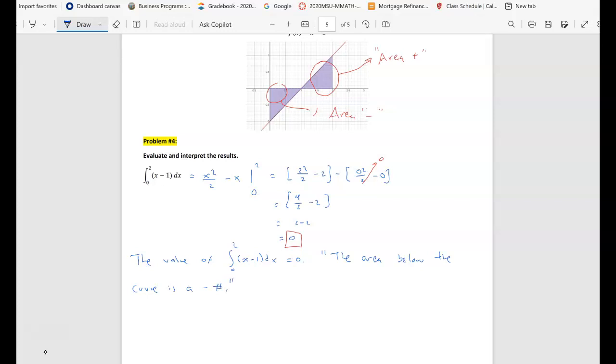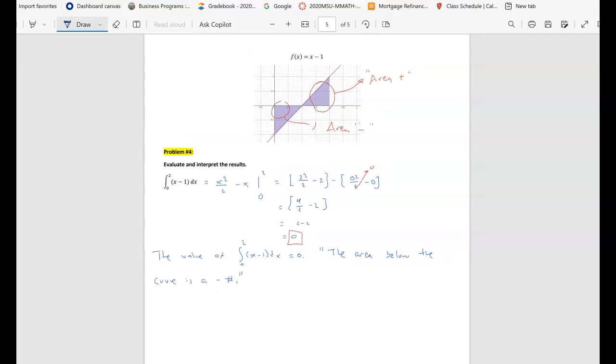Okay, so that's pretty much it for this one, that the actual integral already takes into account the area below the curve as negative.